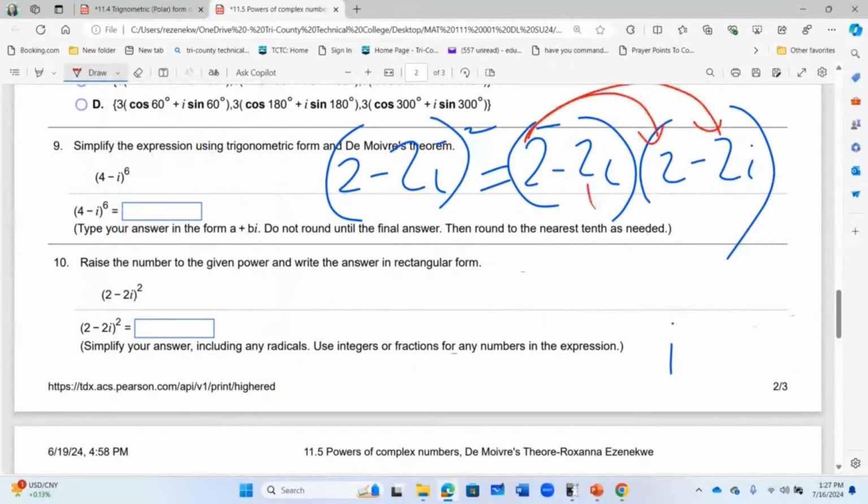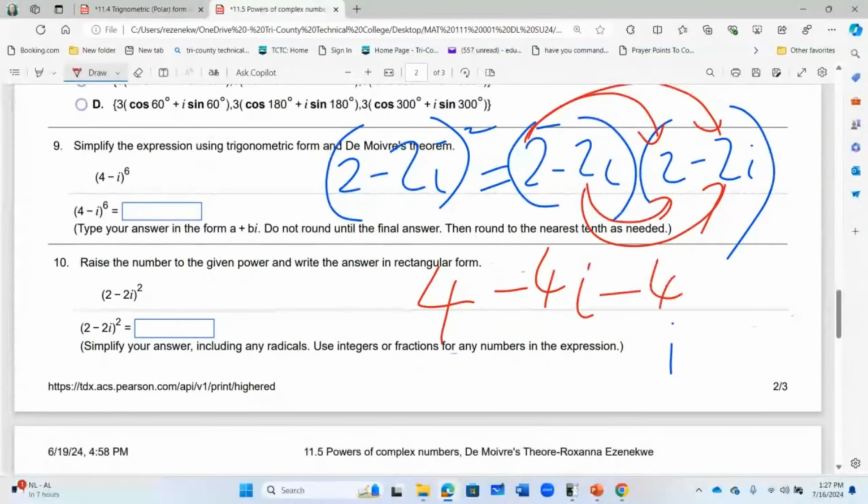So 2 times 2 is 4. 2 times negative 2i is negative 4i. Negative 2i times 2 is negative 4i again. Negative 2i times negative 2i is positive 4i squared.